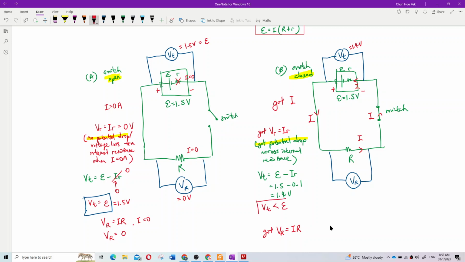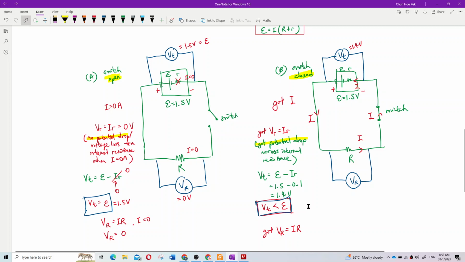Understand, class? Less than EMF. Previously, if the switch is open, the terminal voltage equals EMF. But when the switch is closed, the terminal voltage is less than EMF, because voltage is already lost inside the battery.